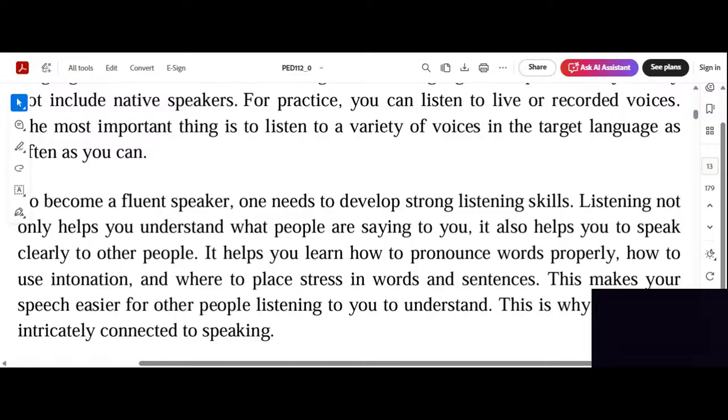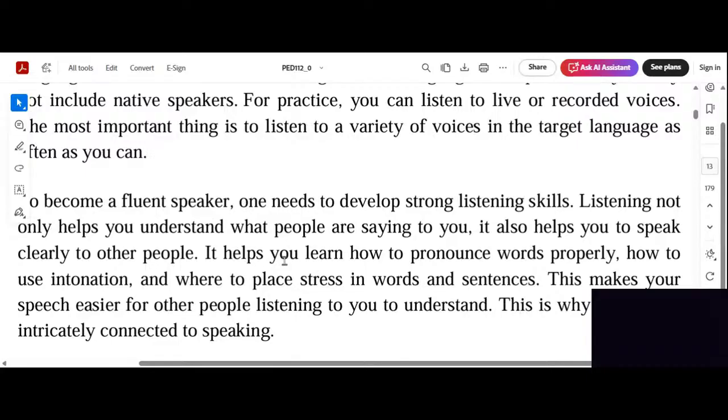So that is what they are trying to say: even though we know that the primary aim of listening is to understand, that is not all listening does. It also helps you to be a good speaker. That is where you see that there is a relationship between listening and speaking. We mentioned earlier that these four skills have interrelationship and interconnection. There is a way they are connected to each other.